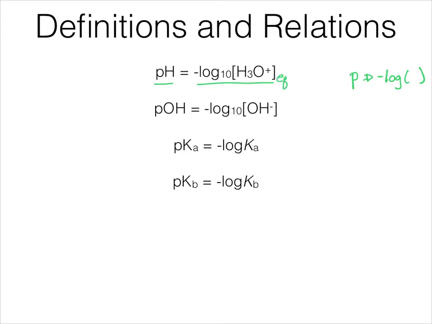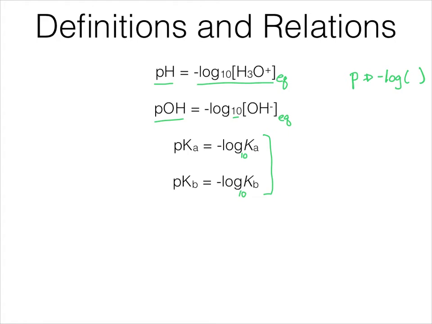And likewise, we can describe a pOH, which is minus log base 10 of the hydroxide concentration in a solution at equilibrium. Sometimes it's also convenient to talk about a pKa or a pKb. And again, these are minus log base 10 of the Ka or Kb.